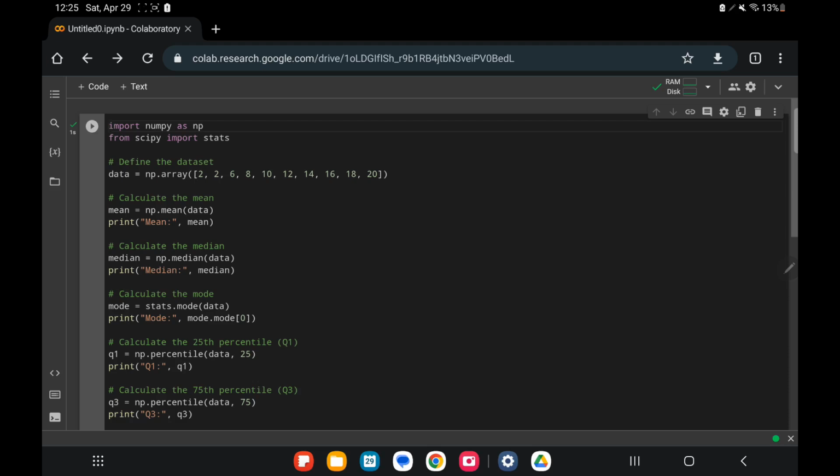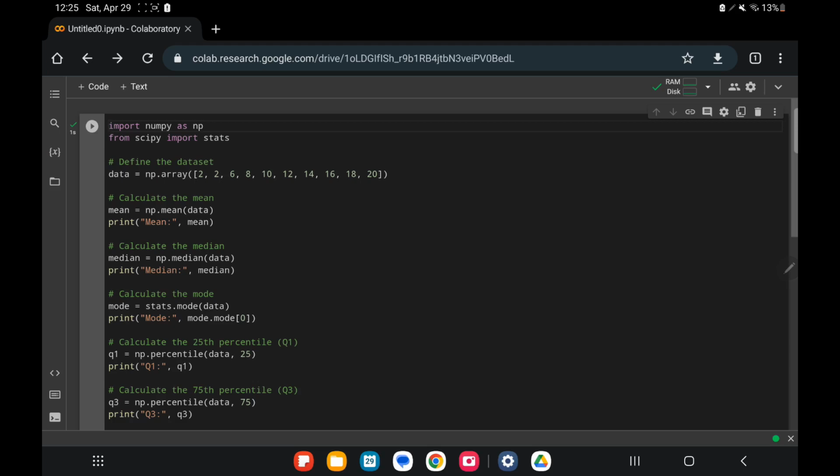So now we will see the practical implementation of all these concepts. Here we are using the NumPy library, and we are importing it and naming it as np. And also we are importing stats from the SciPy library. Then we have the data that we used.